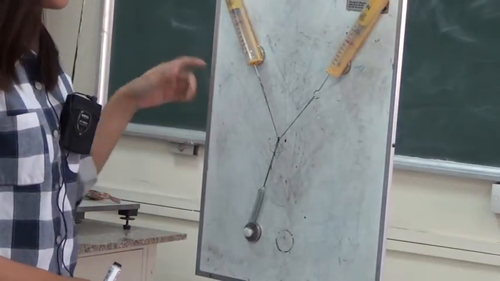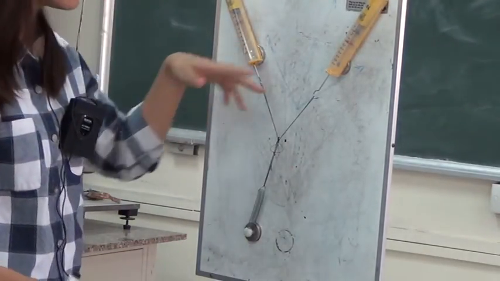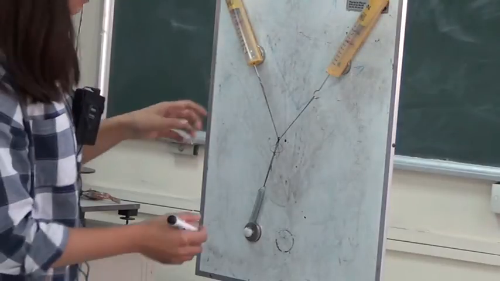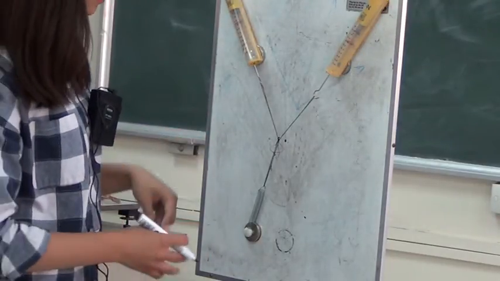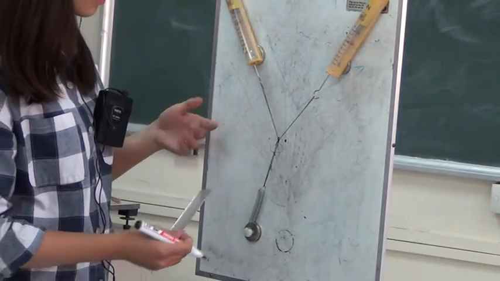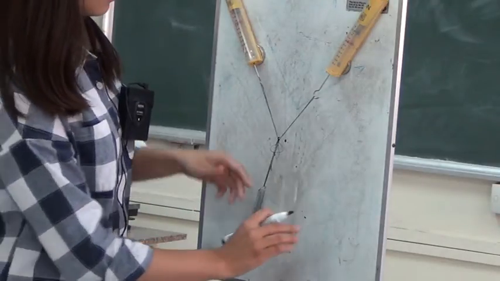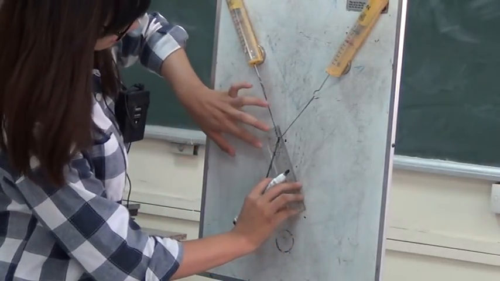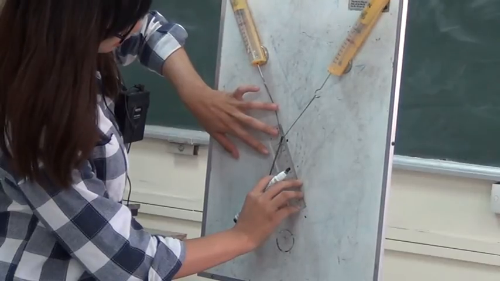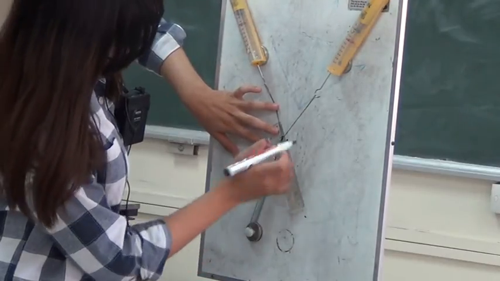Okay. This one reads the value of 1 newton, and this one is 2 newtons. So I will make a ratio. If it is 1 newton, I estimate this kind of 3 centimeters like this.